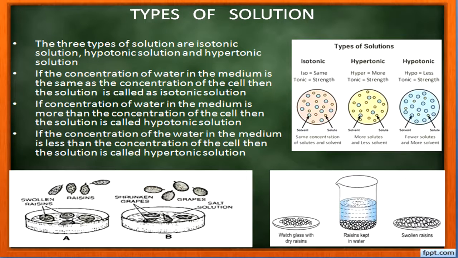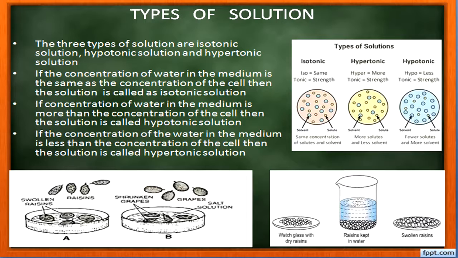And if you take types of solution, there are three kinds of solution: hypotonic solution, hypertonic solution and isotonic solution. So if you take hypotonic solution, it is a very dilute solution. So more amount of water will be there and less amount of solute will be there.